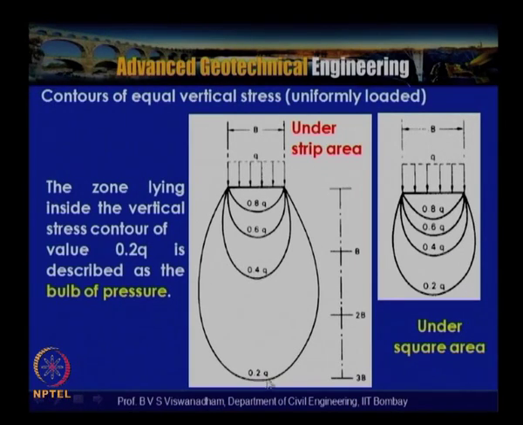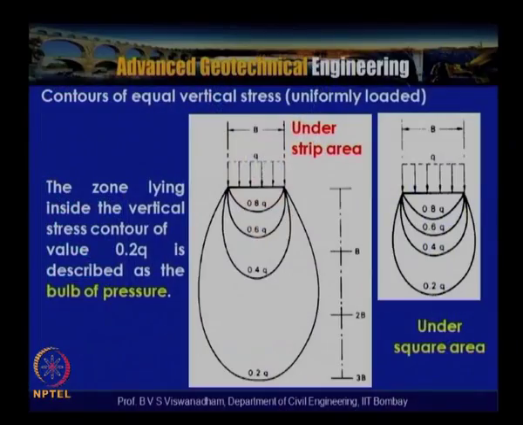The spread of the pressure bulb for the strip area is large compared to the square area. Here, a square foundation or footing subjected to uniform load intensity and a strip foundation subjected to uniform intensity are shown, and the zone within is called the bulb of pressure. This figure shows that under the strip area the depth of influence will be large compared to the square area.